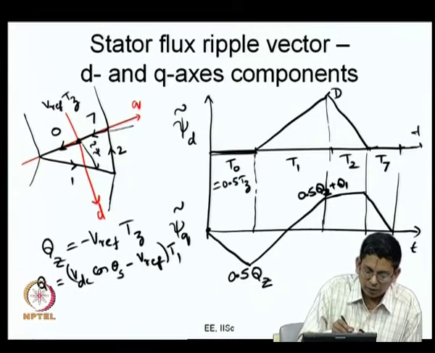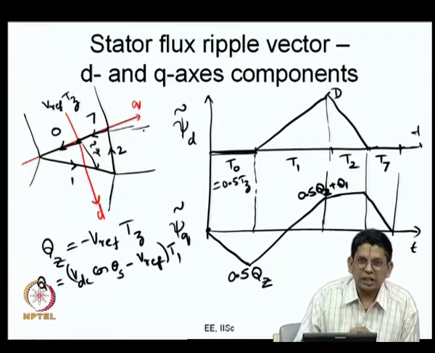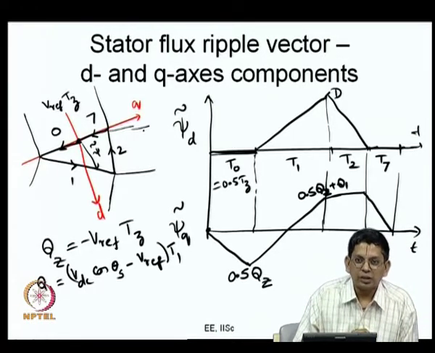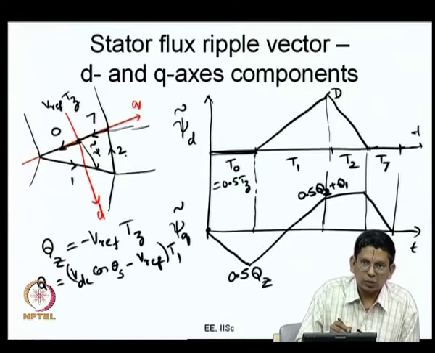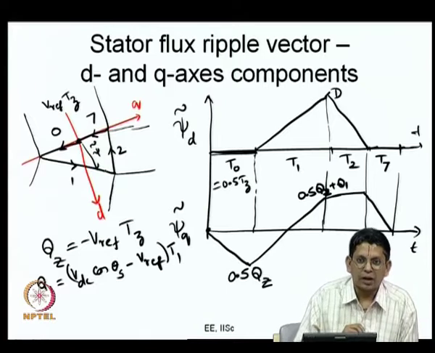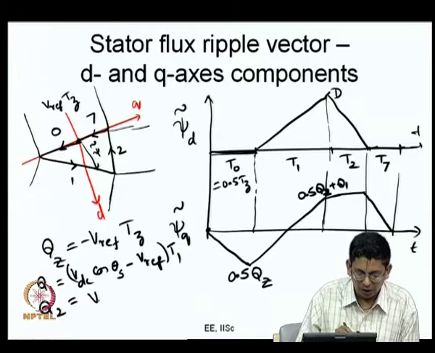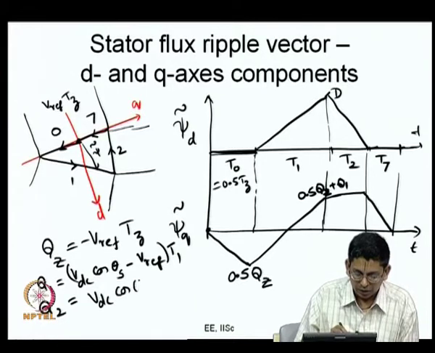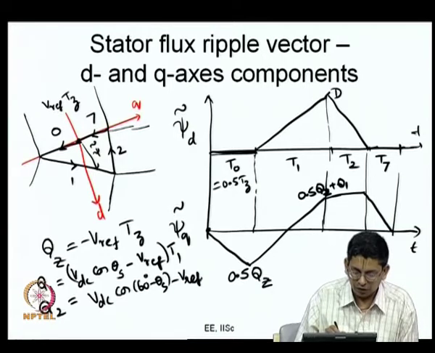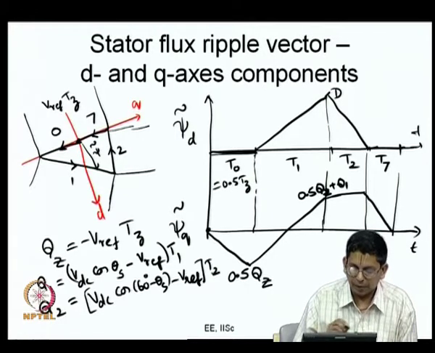Again you take this one, there is another side of the triangle. What is that side equal to? That corresponds to the state 2. The error voltage vector is V 2 vector minus V reference vector, multiplied by T 2, and its q axis component, which you can call q 2, would be V d c cos of 60 minus theta s minus V reference, that is the error voltage component along the q axis, multiplied by T 2.